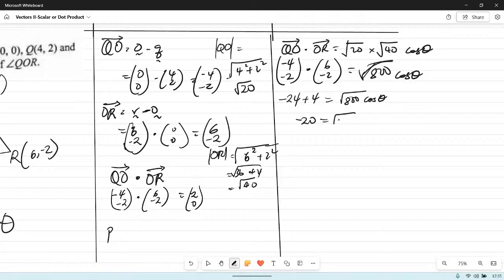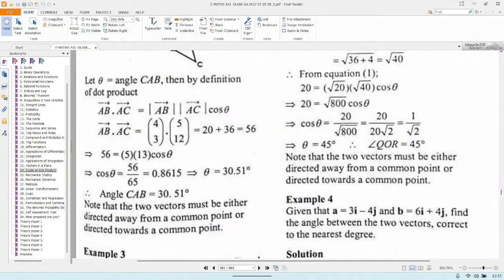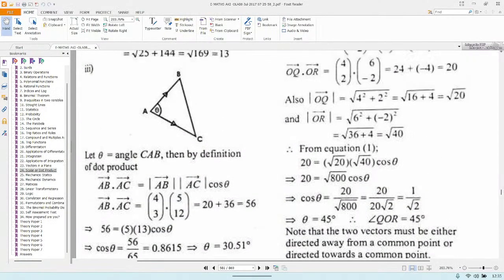Let me check this. They had negatives in their own. So where is my negative?